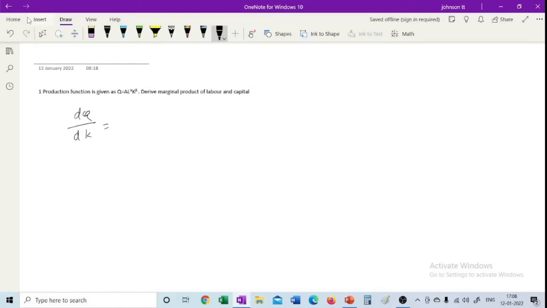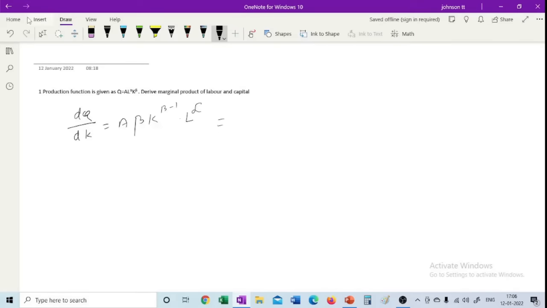is equal to A into L raised to alpha into beta into K raised to beta minus 1.